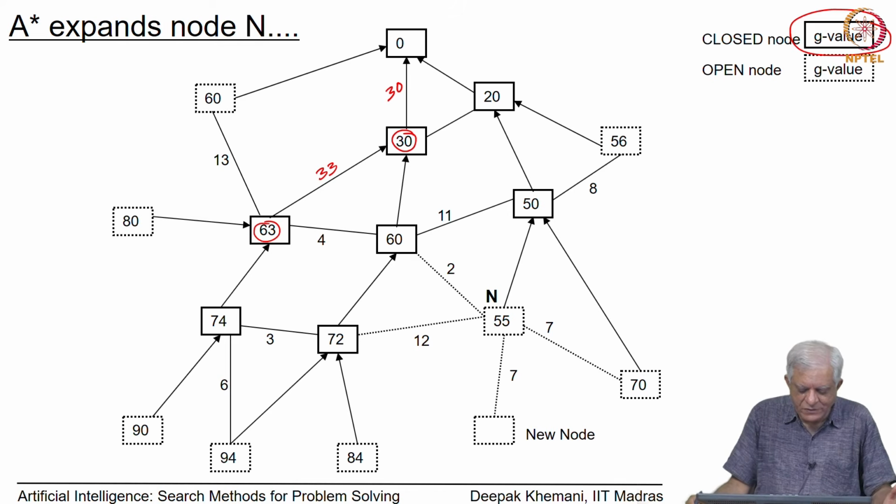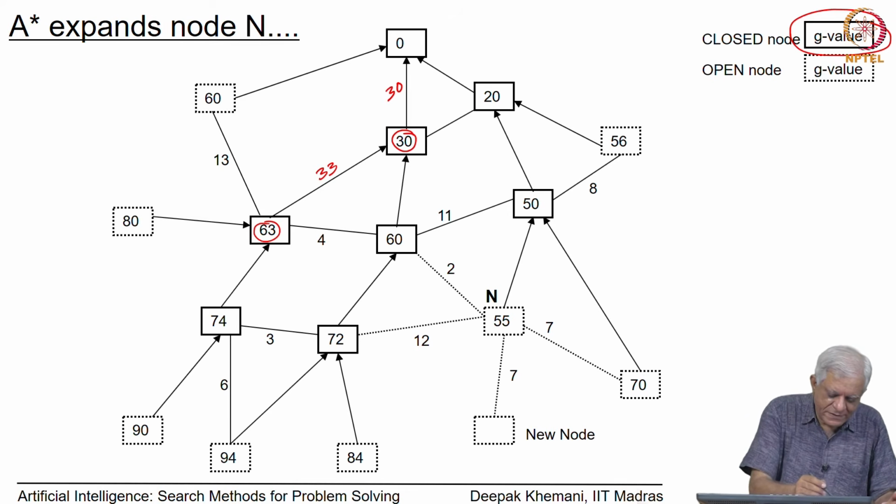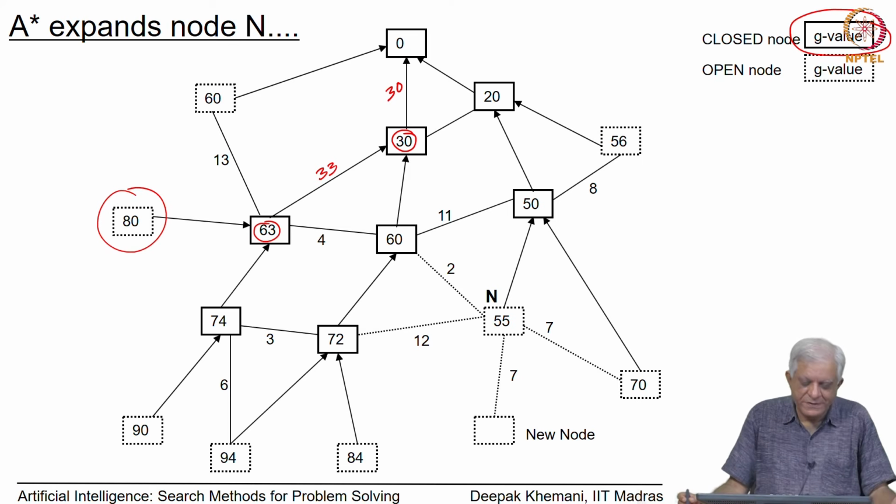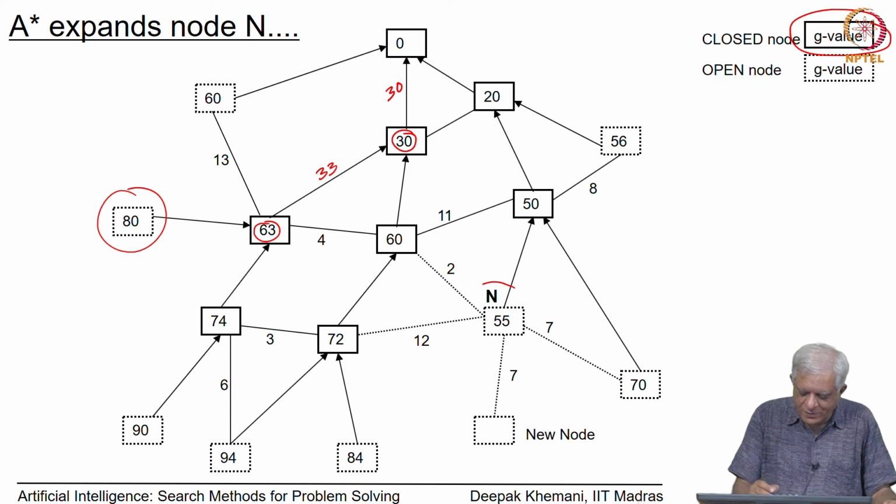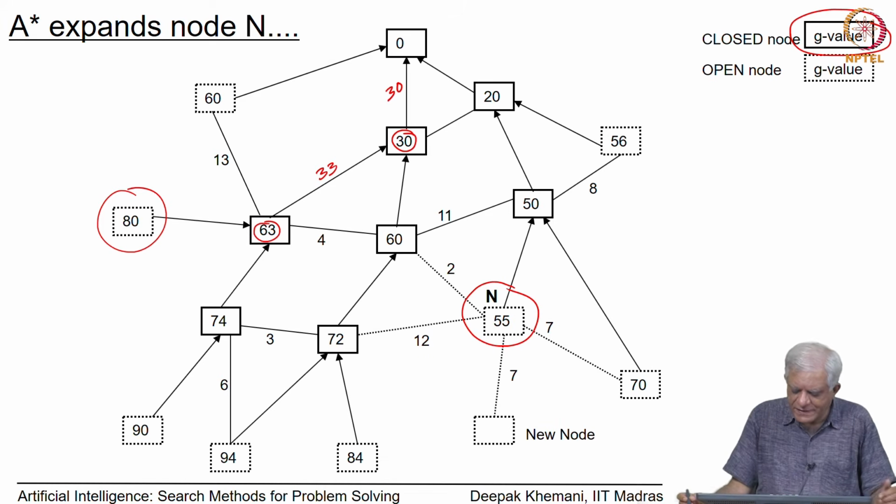So, this shows the closed nodes, and the dashed rectangles like this one represent open nodes, and in particular one open node that is about to be expanded is this node which we will call N, and remember that open nodes are picked based on f values. We have not depicted what the h values are here. We assume that there is some heuristic function which determines that, but based on that we have decided that N is what we are going to expand next.